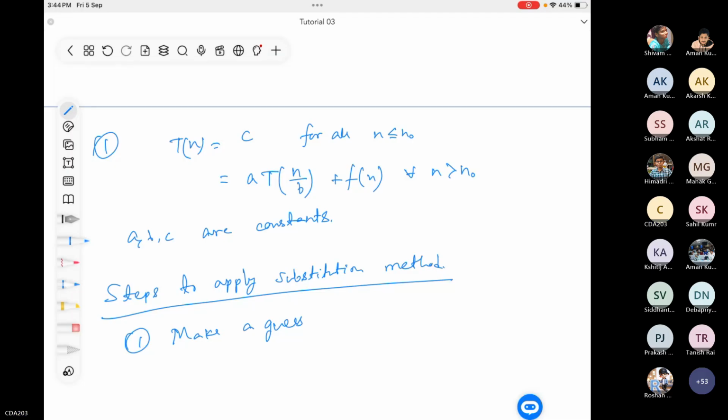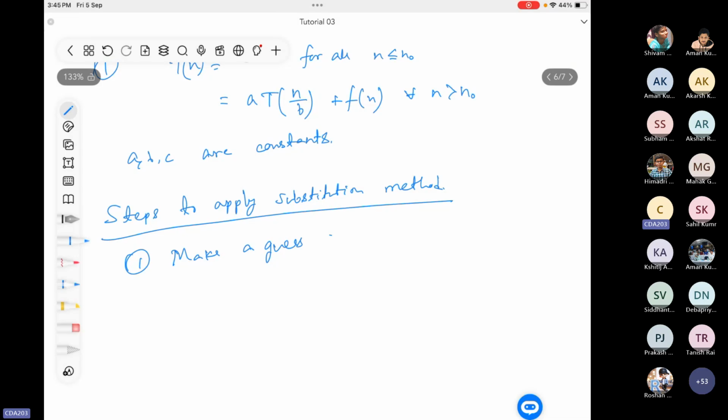So this is not a good technique to apply, but it's effective when there are simple solutions. Your guess depends on the constants a, b, c, and the function f(n) that's given.